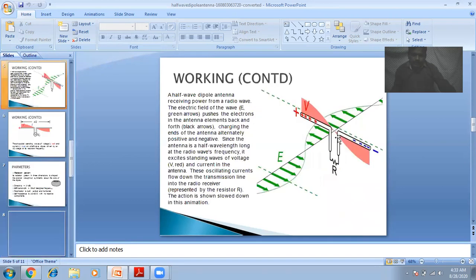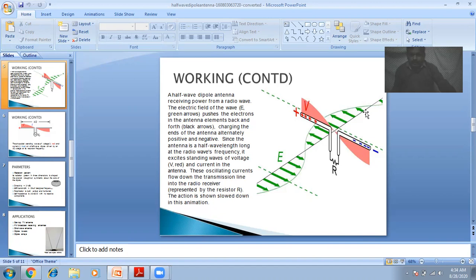So let us see in this slide. Here, this is the distribution of the current. And similarly, this is the distribution of the voltage. So this red color region will represent the distribution of the voltage, and this green color region will represent the distribution of the current.